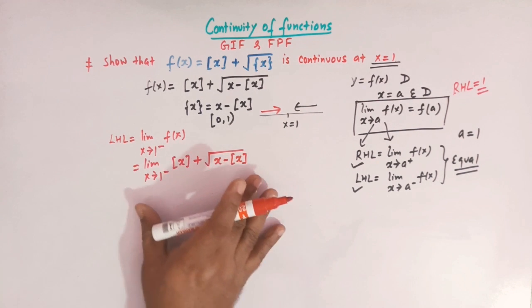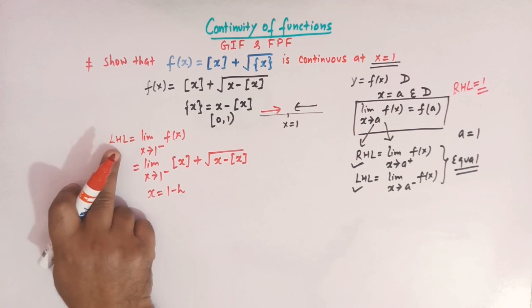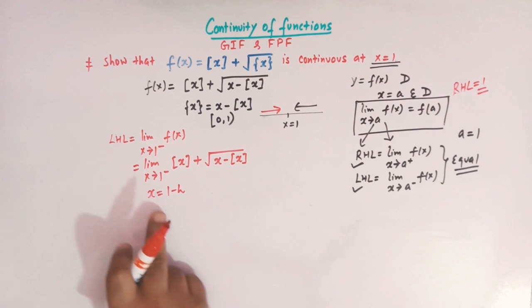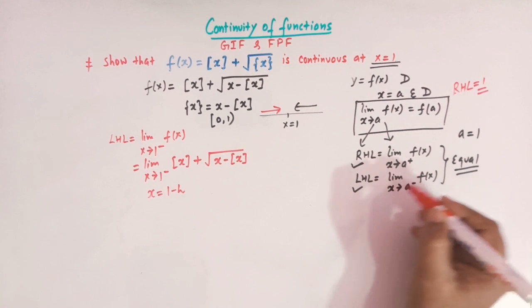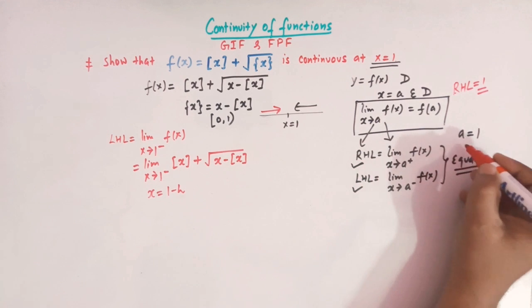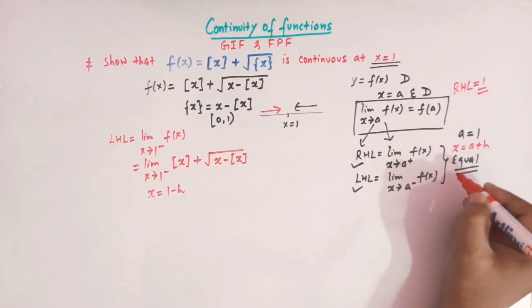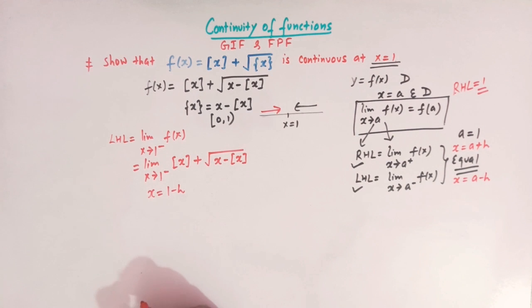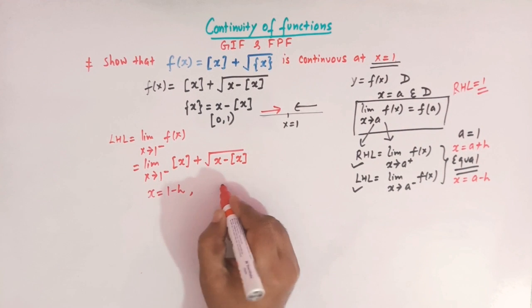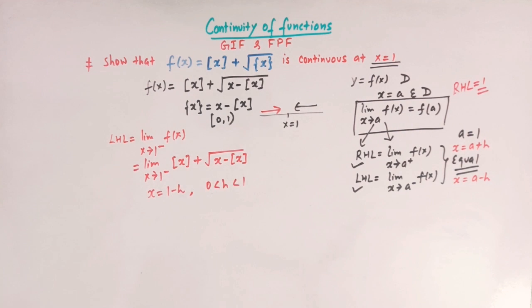Okay, now here we'll make the substitution, that is x is equal to 1 minus h, right? So whenever we have to calculate the left hand limit, we must take x is equal to 1 minus h, or in general when we take the right hand limit, we must substitute x is equal to a plus h, where a is some number, and here x should be taken as a minus h, right? Okay, so here again h is a positive quantity and it lies between 0 and 1, right?